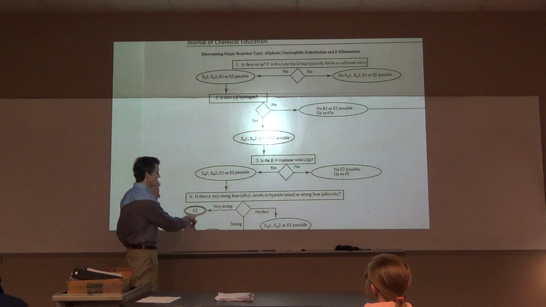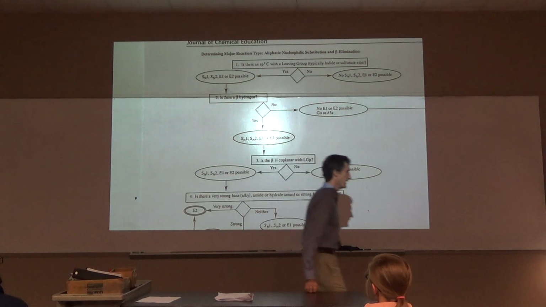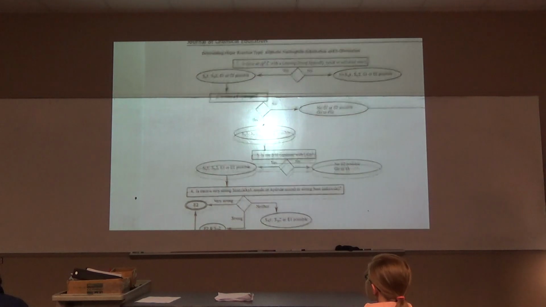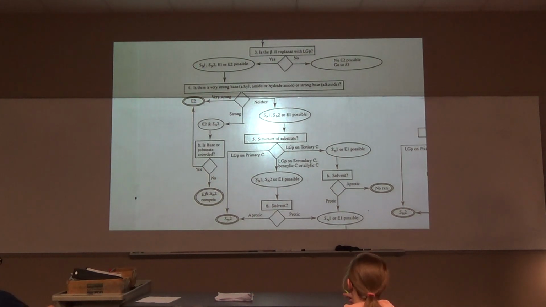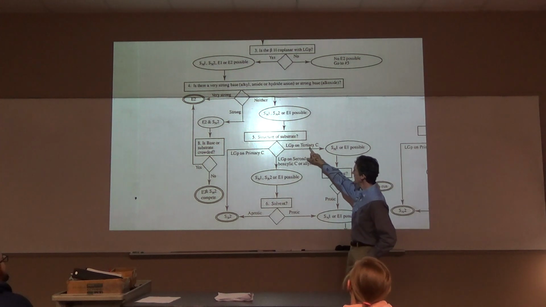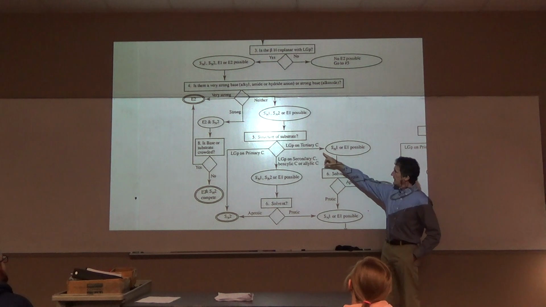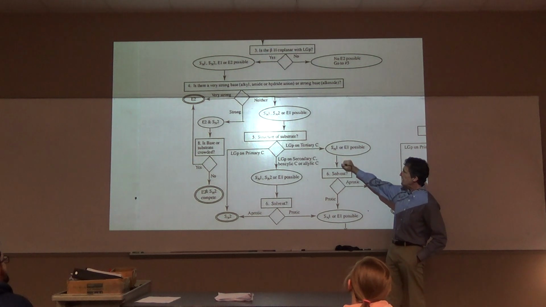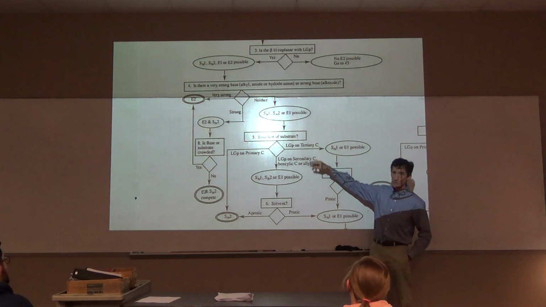Is there a very strong base? On down the line, we've covered most of this. Is the leaving group on a tertiary carbon? If it is, what type of mechanism is possible? SN1 or E1, because with the leaving group on a tertiary carbon, you don't do SN2.